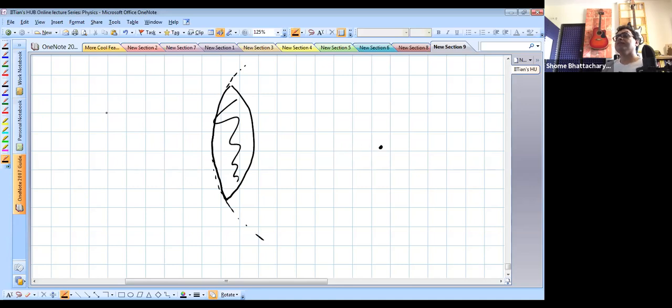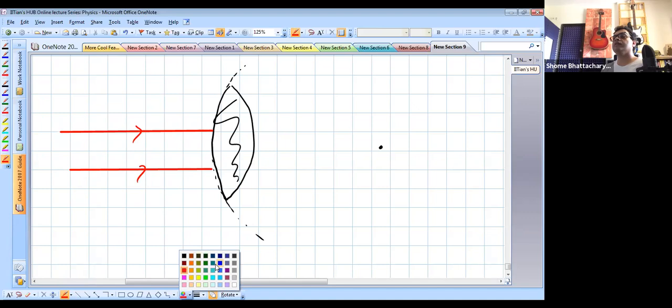Let's imagine a parallel beam of light coming from infinity paraxially, but from this side. Whatever is the position of the image will become our focal length. And let us go with our normal sign convention that this side is negative, this side is positive.